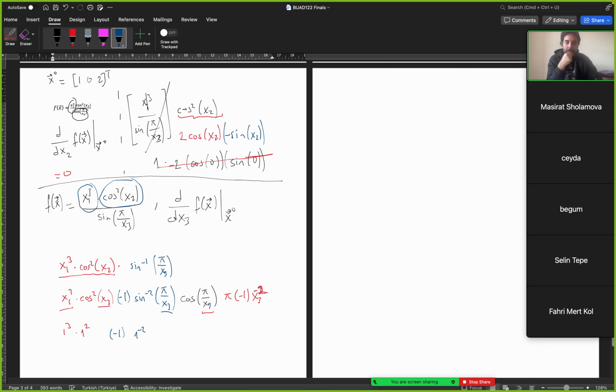And when I plug in 2 here, the cosine term will become cosine of pi over x3, which is cosine of pi over 2, and that's going to be a 0. And then I will stop computing the rest because this 0 will make the whole chunk a 0. So this is a 0.